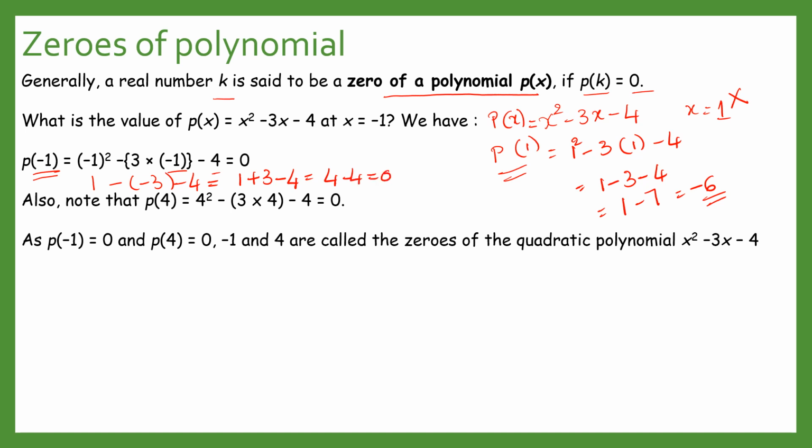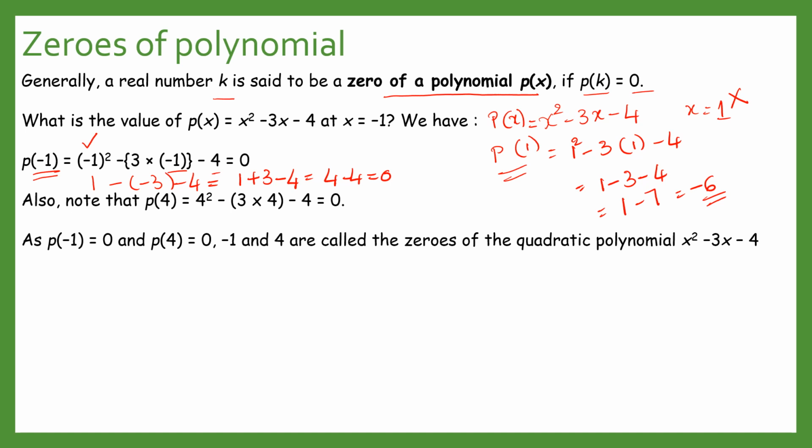So you got p of minus 1 as 0. So you can tell that minus 1 is a zero of the polynomial. When you substituted x is equal to minus 1, p of x became 0.